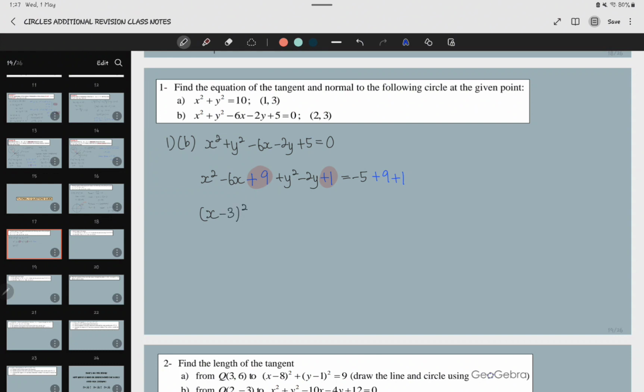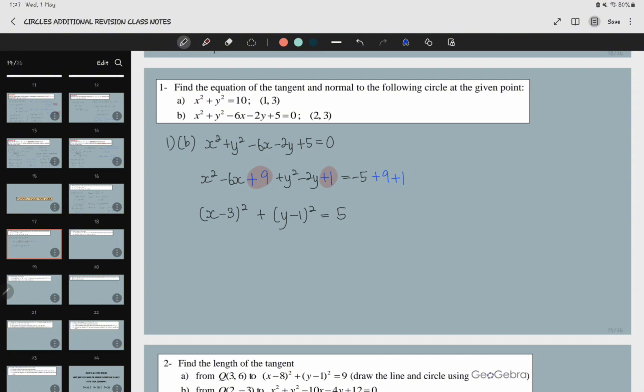If you're not sure, use the calculator. x minus 3 squared plus y minus 1 squared equals negative 5 plus 9 plus 1. You get 5 here. Okay, so this is the completing the square method that I mentioned just now.